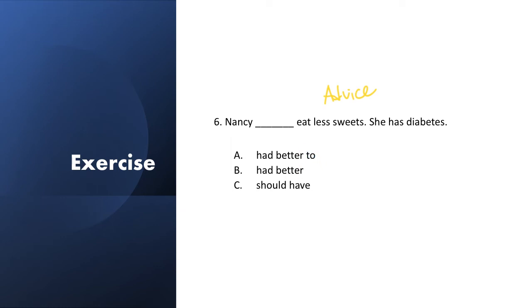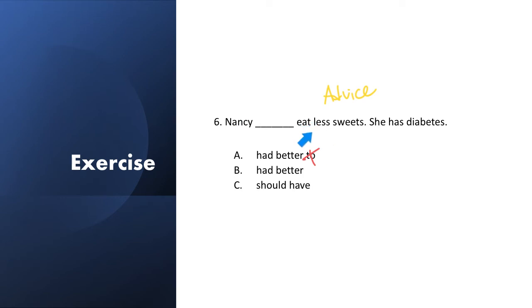No, we do not. So A is not a correct answer. Is it B? Alright, before we choose B, let's take a look at the option C as well. "Nancy should have eat."